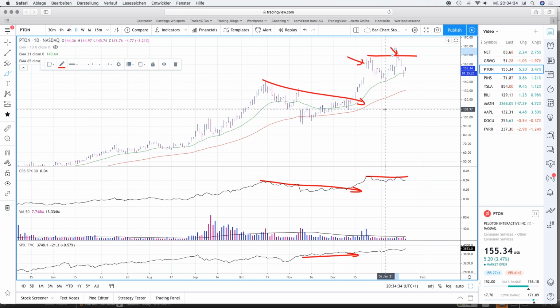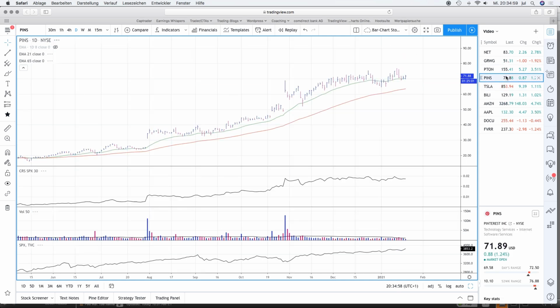And this is something where you want to put some attention on, especially if the stock was already in a very strong uptrend, and that could be a sign that now the performance or the outperformance in the stock is not so strong anymore. I will show you some other examples of that.